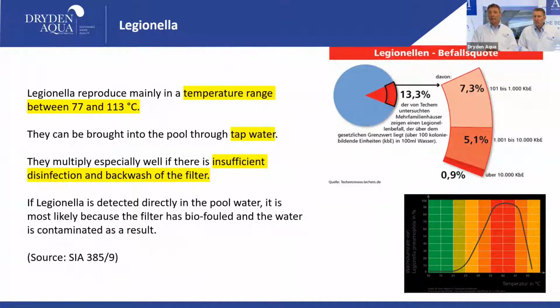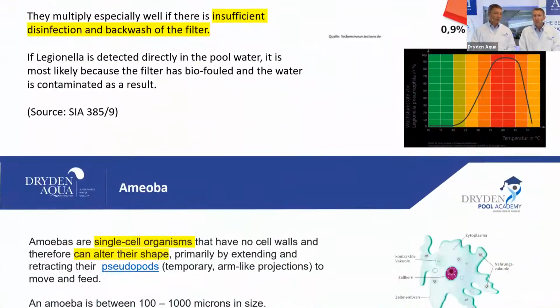So it's brought in with tap water, not with each and every tap water, but it can be brought in with tap water. And then it can multiply. And where does it multiply? It multiplies in the biofilm. And the biofilm is sitting in the filter media. So if you have biofilm, you most likely also have a Legionella problem. Good chance, if you get it through your tap water, you will have it.